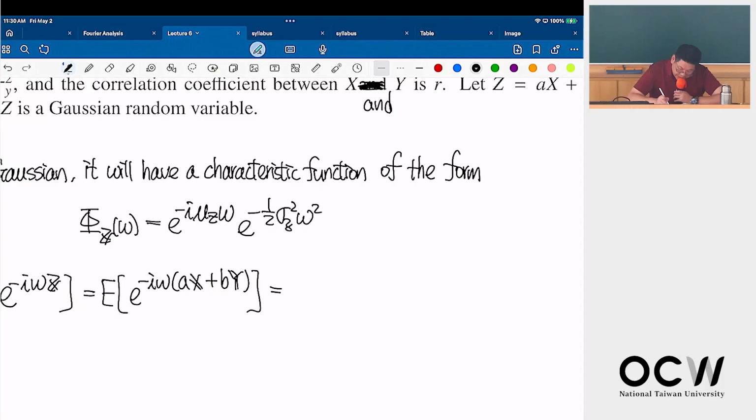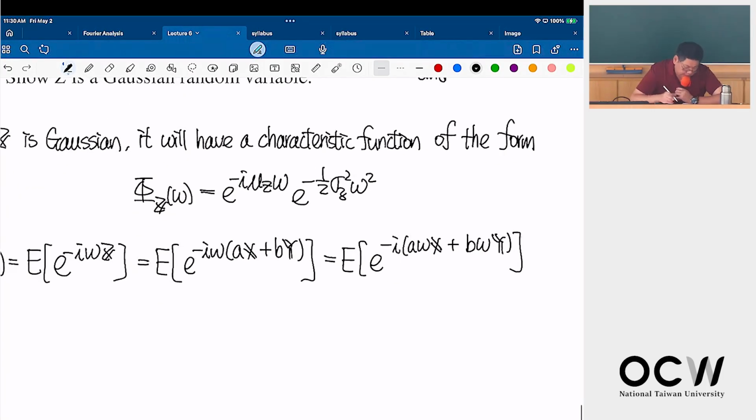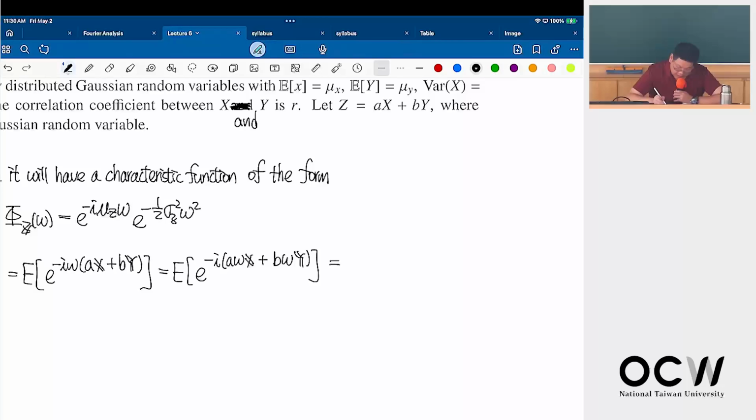If I rearrange this, I have exponential to the minus i A omega X and also B omega Y. And this is the joint characteristic function of X and Y, so phi XY of A omega and also B omega.